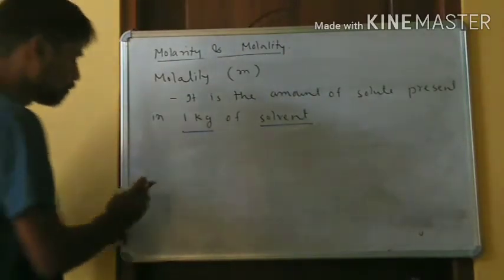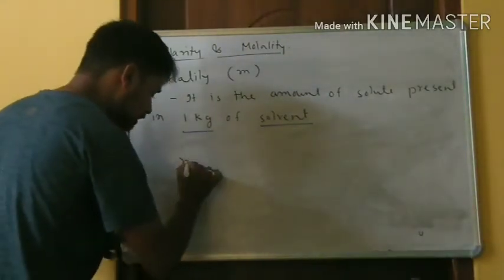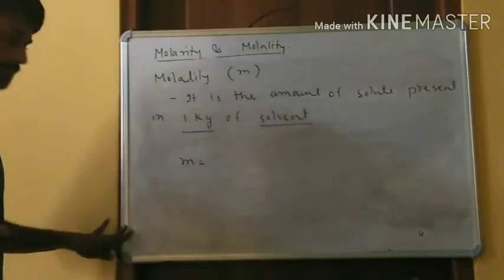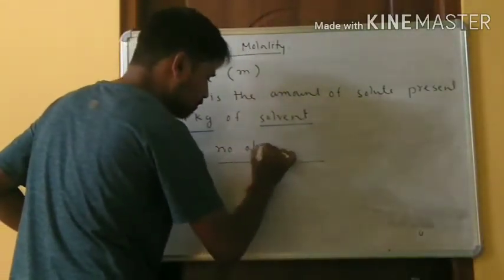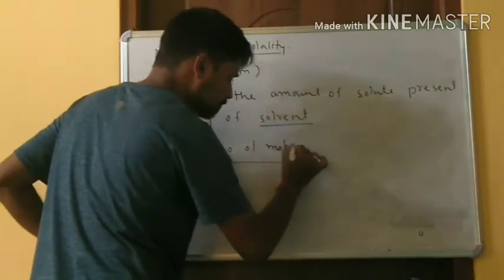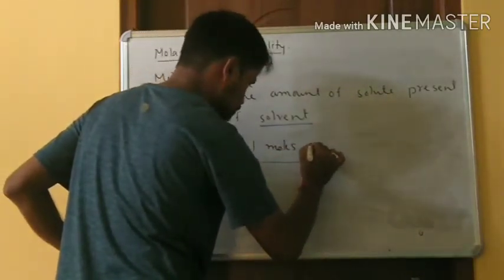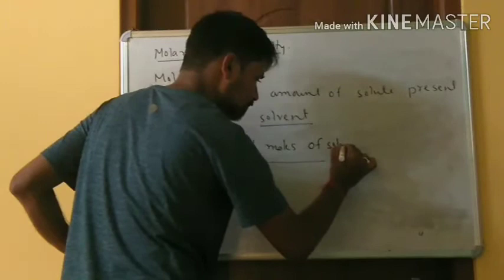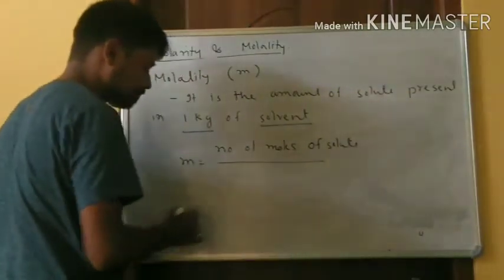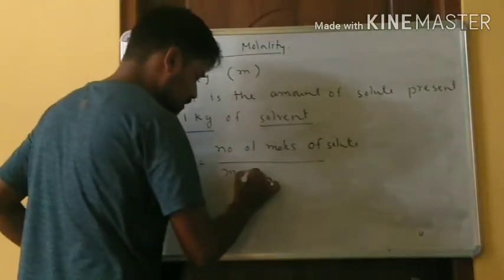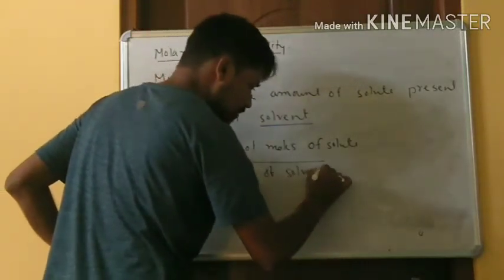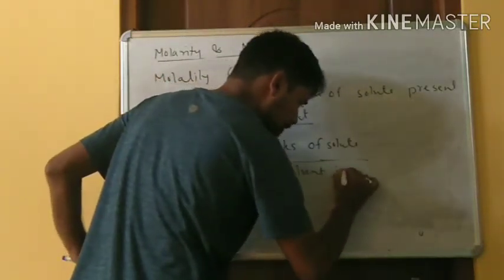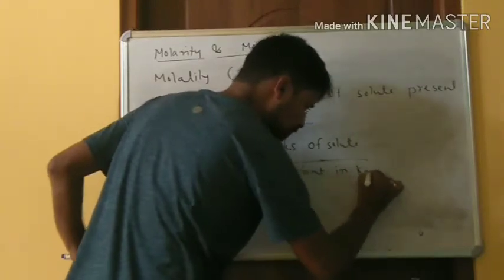So small m, or molality, can be calculated by the number of moles of solute divided by the mass of solvent, not solution, in kg.